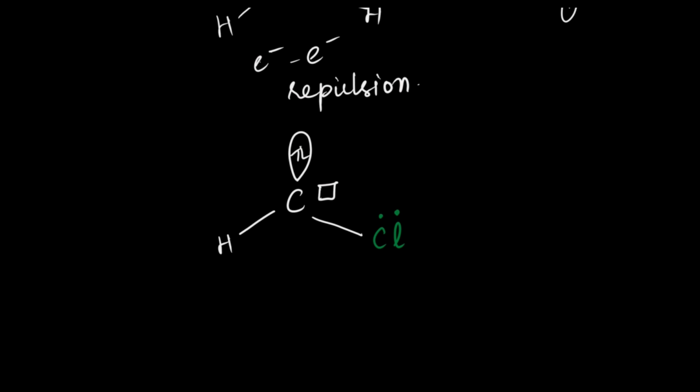So in that case, this empty orbital can accept those electrons to form back bonding. If there is more bonding, what will happen? It will be stronger. It will have more stability.